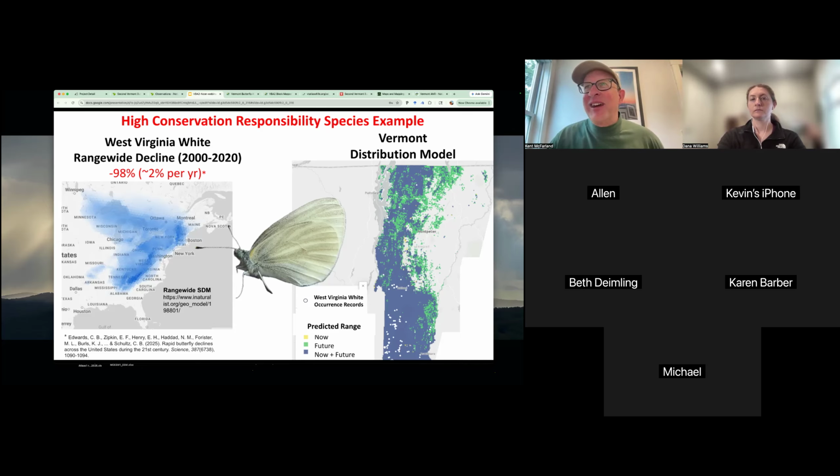And the good news is that it actually seems like it doesn't really leave Vermont. We can be a really good place to keep this species going, versus further south, probably not, and also places where the forest is being fragmented too much. So we consider this a high conservation responsibility. So now you know the host plant, now you know the habitat, and now you just need a tiny bit of luck to go out and find it.